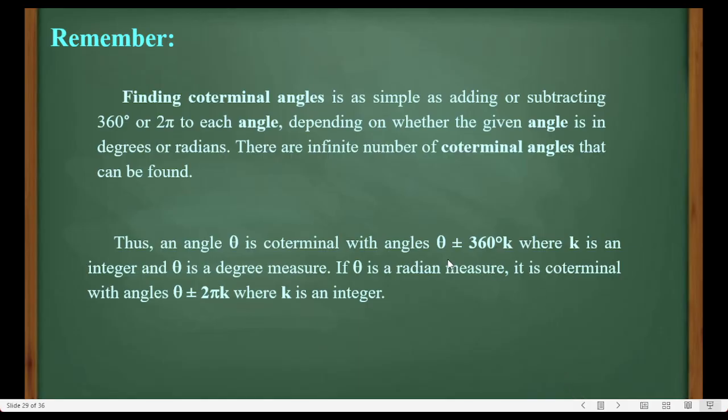So basically, may formula tayo. Itong gagamitin nyo kung ang given angular measure is degrees sa paghanap ng lahat ng posibleng coterminal angles. Now, if the angle is in radians, ito naman yung formula na gagamitin ninyo.